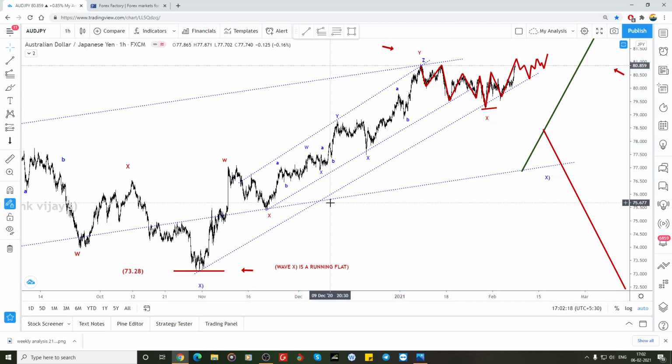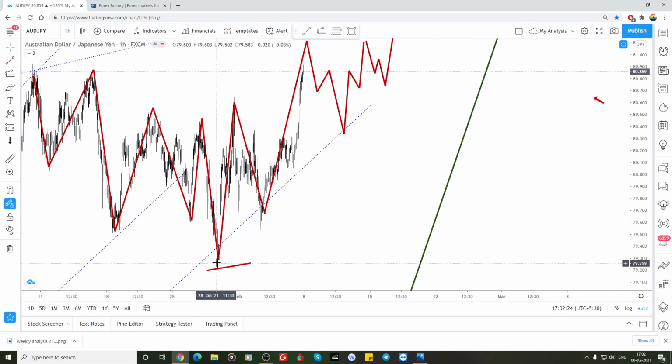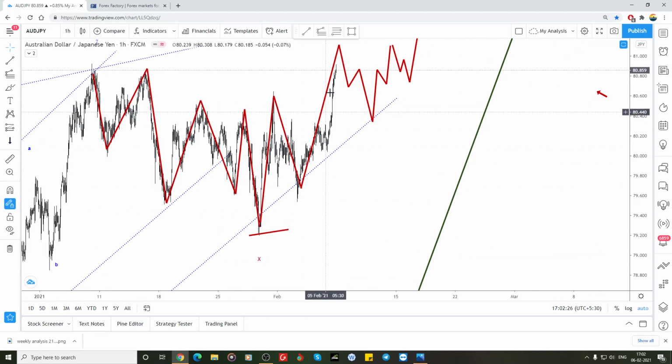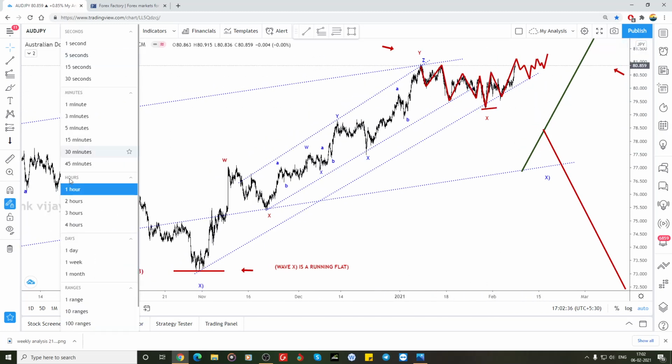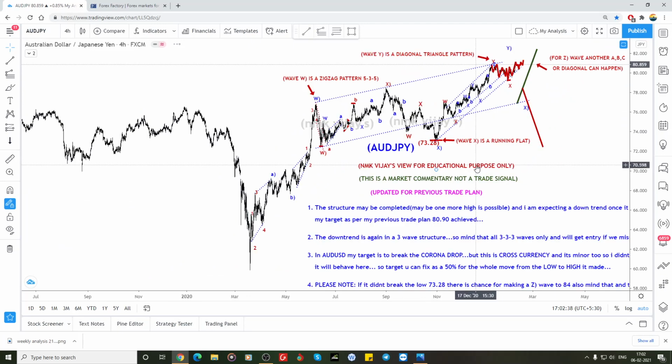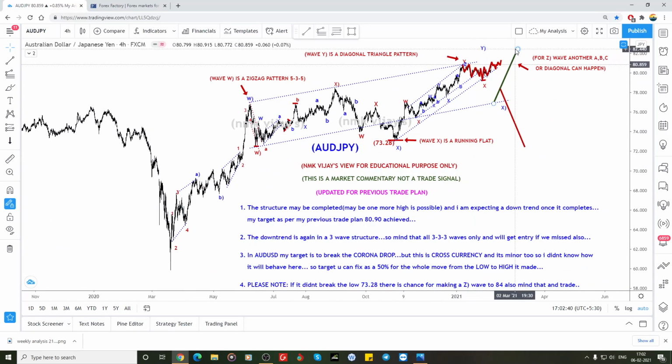Now delete this, and I place the same thing here. So it is accepting this, it's getting rejection. So now it will be the support, and it will take off from here for that other Z wave. So A, B and C.